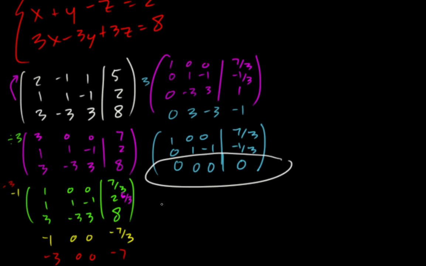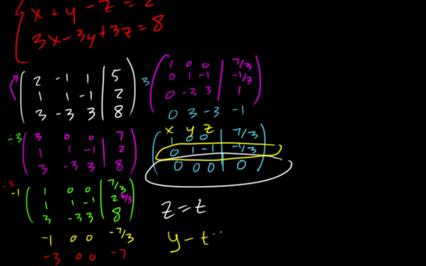So let's try z equals t, and if we do that and we look at this other row, remember this is y, this is z, this is x, then we can have y minus t is equal to -1/3. And if we do that, we just add t to the other side, and so we see that y is equal to -1/3 plus t.